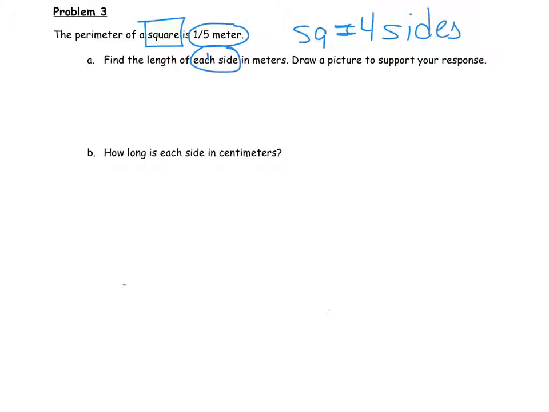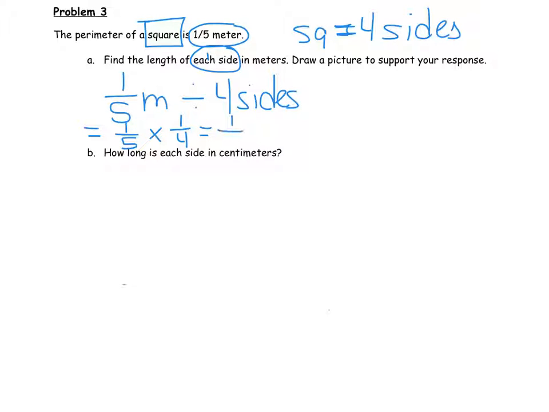So I have my 1/5 of a meter. That's my perimeter, divided by my 4 sides. Well, I know that's going to be 1/5 times the inverse of 4, which is 1/4. 1 times 1 is 1. 5 times 4 is 20. So 1/20th of a meter.